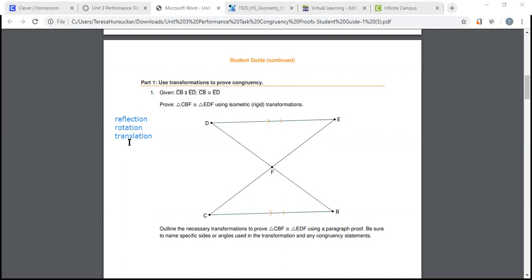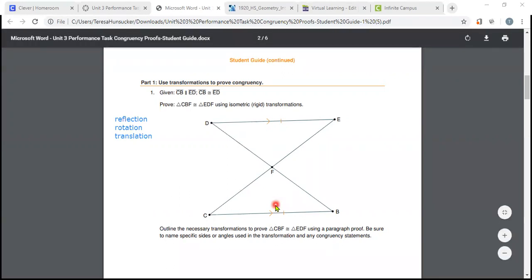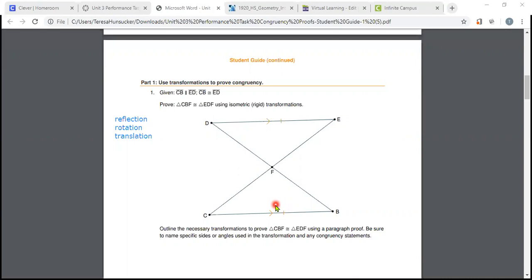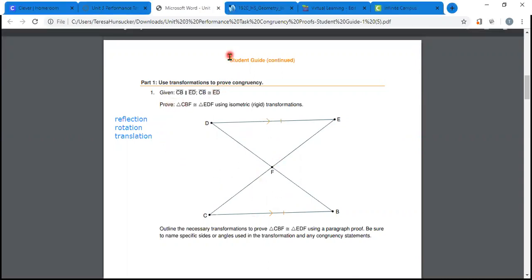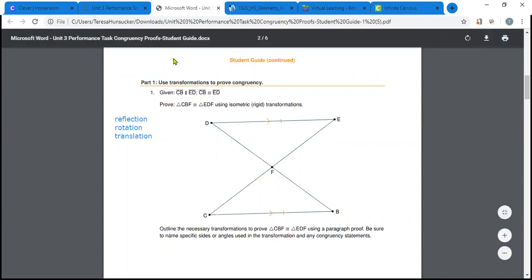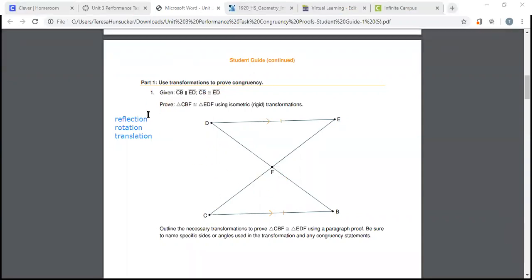So can we reflect triangle CBF onto triangle EDF? Okay, if so, what is the line of reflection? Which side would be a line of reflection? So which side would you fold along?